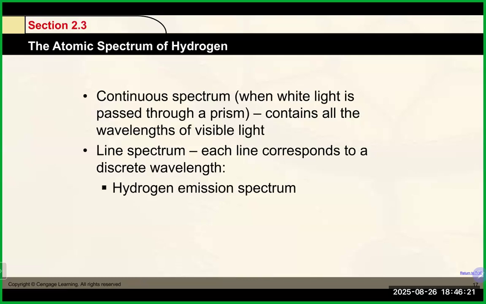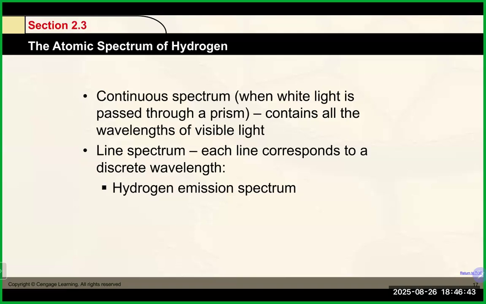So what happens when these electrons get excited, we get two types of spectrums that sometimes occur. One type is what is known as a continuous spectrum, and that is when white light is passed through a prism. It contains all the wavelengths of visible light, as opposed to a line spectrum.